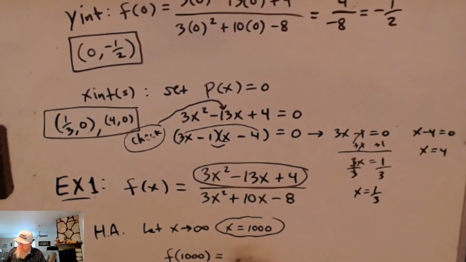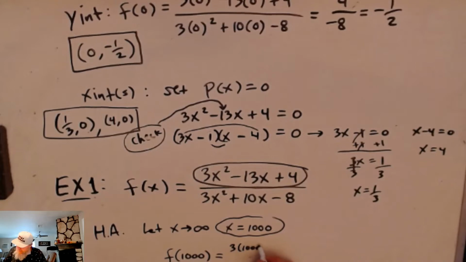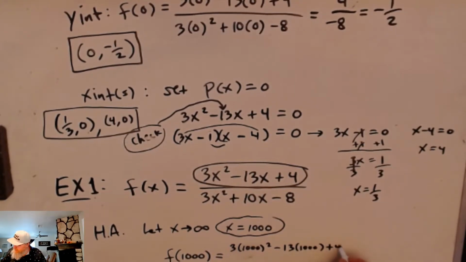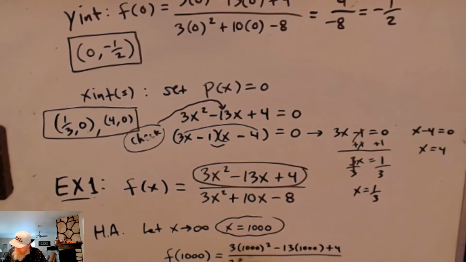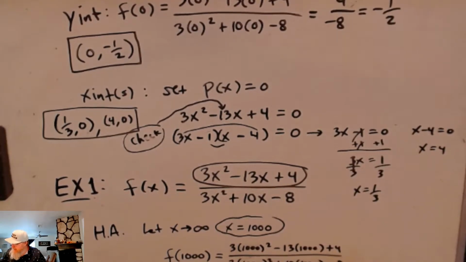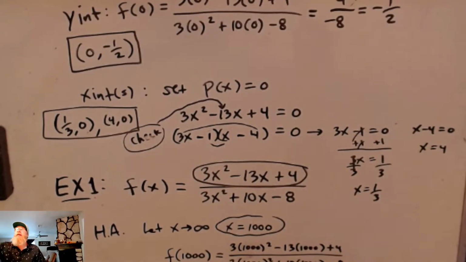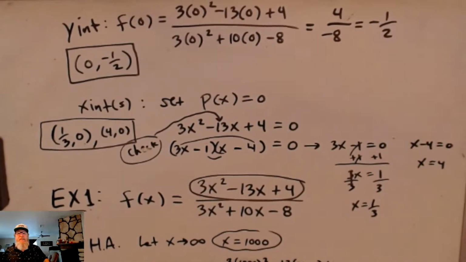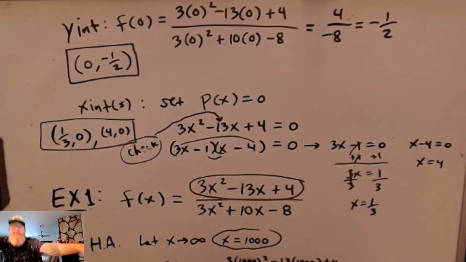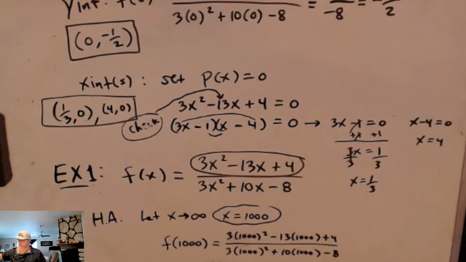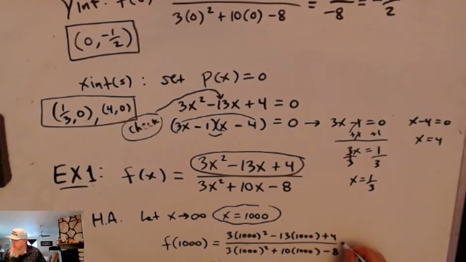Well, 3 times 1,000 squared minus 13 times 1,000 plus 4, and then another 3 times 1,000 squared plus 10 times 1,000 minus 8. Let's see if I can get that into the camera range there. All right, so we're down here at the bottom of the screen here. All right, so what is that?